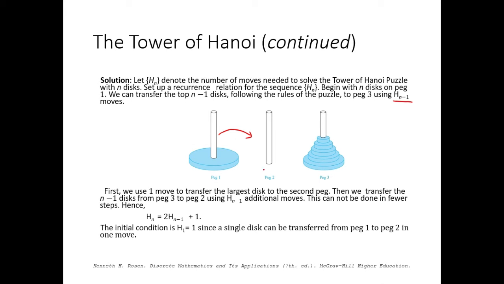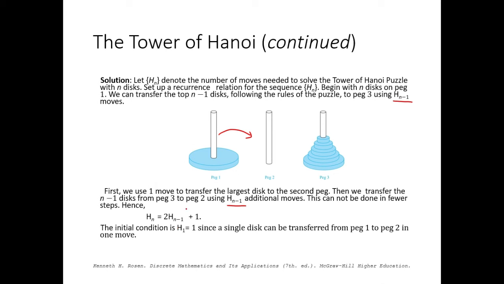Then we can solve the problem for n minus 1 discs for movement from peg 3 to peg 2 with additional h_{n-1} moves. So in general, how many moves do we require to solve this particular problem?